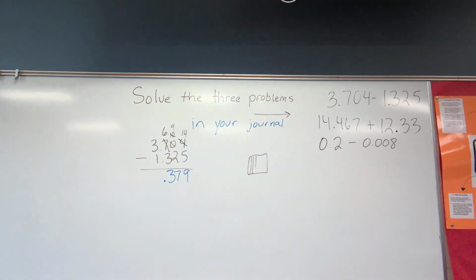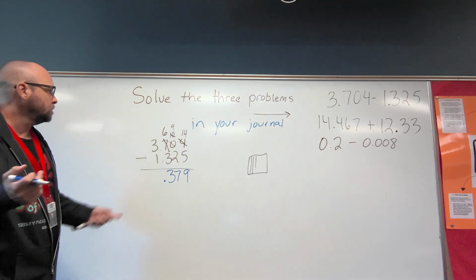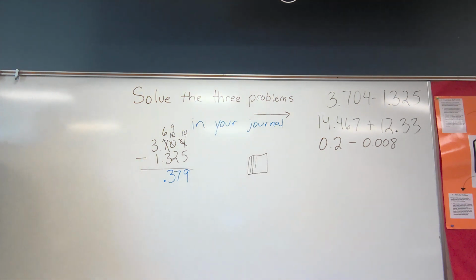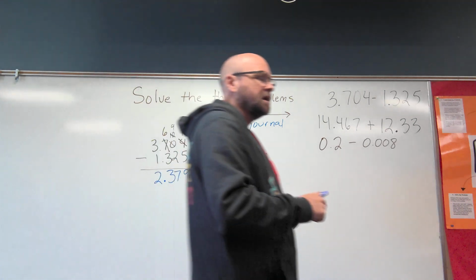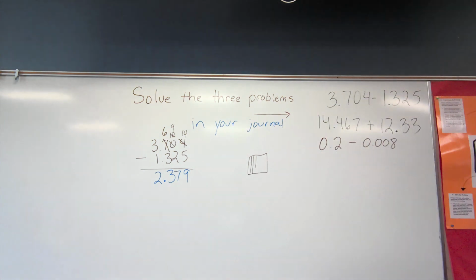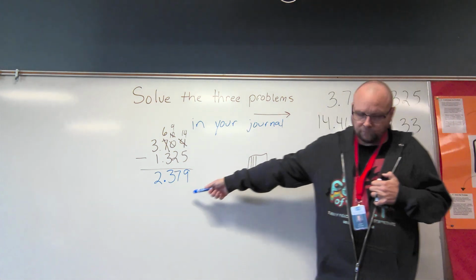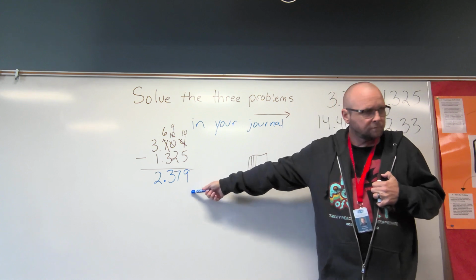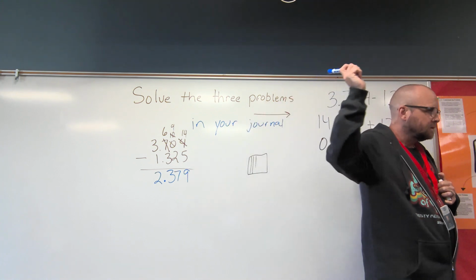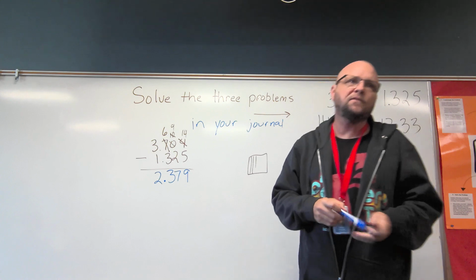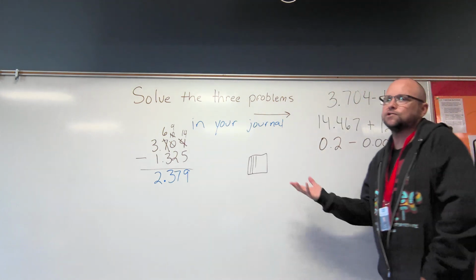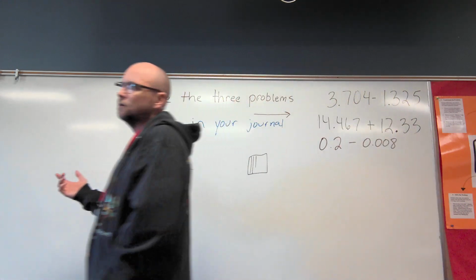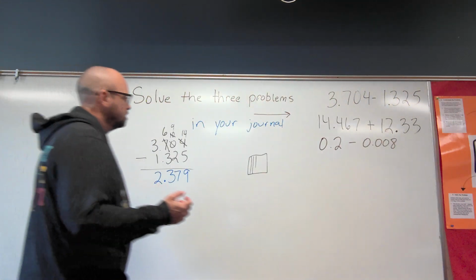That means we have to have them lined up when we subtract. 3 subtract 1 is 2. So how do we say this number, Zoe? Good. 2 and 379 thousandths. So it's just like when we are subtracting whole numbers.